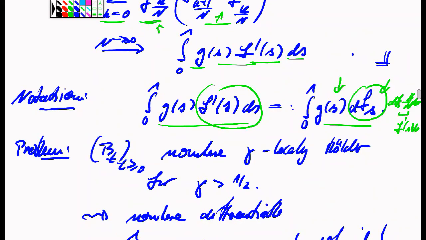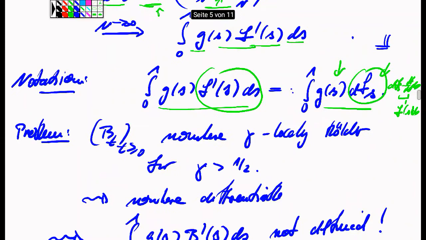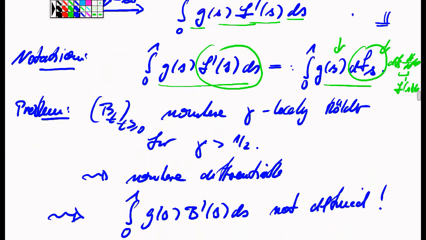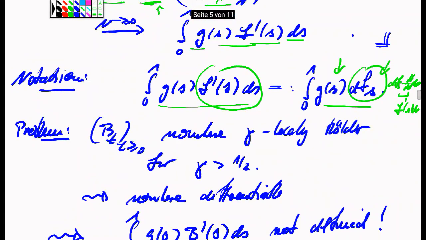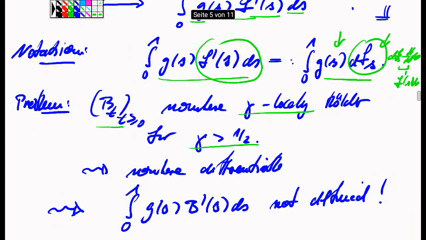And the problem for the application of this idea to our situation of Brownian motion, when we now want to replace the function f, or apply this idea to the case when f is the function obtained by observing one trajectory of a Brownian motion, is that almost surely a Brownian trajectory is nowhere locally Hölder continuous for any gamma bigger than a half.